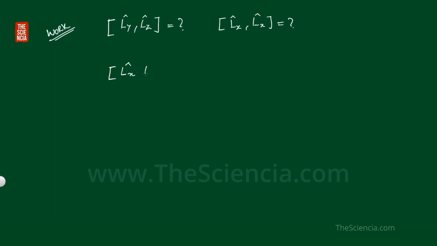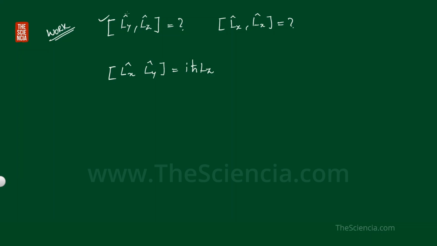Now I give you some work. Find the commutator bracket of Ly, Lz, and find the commutator bracket of Lz, Lx. Please solve by yourself. So we got the commutator bracket of Lx, Ly is equal to iħ Lz.